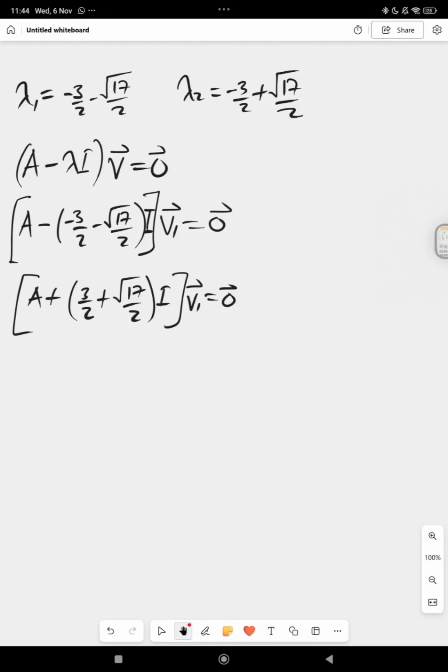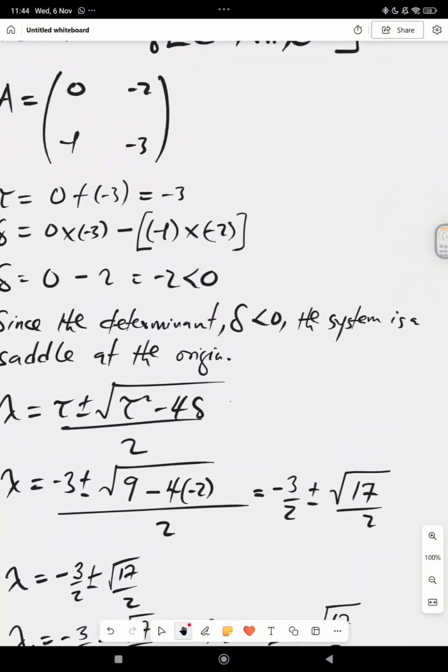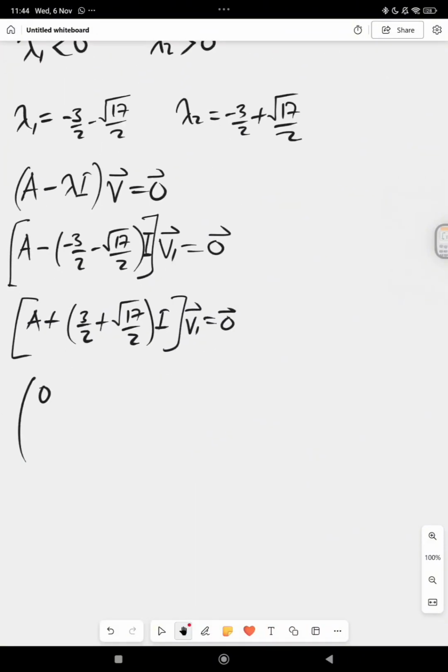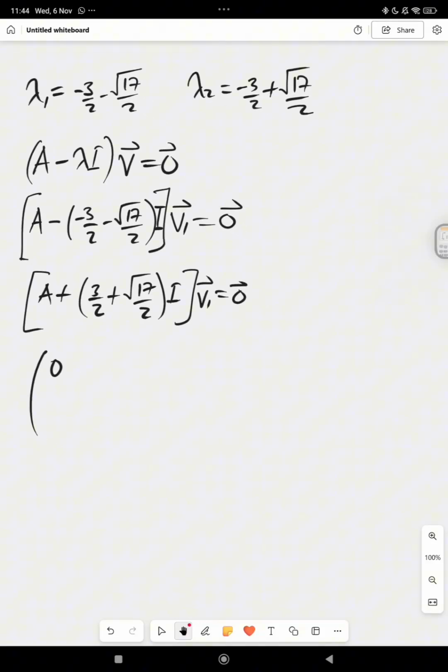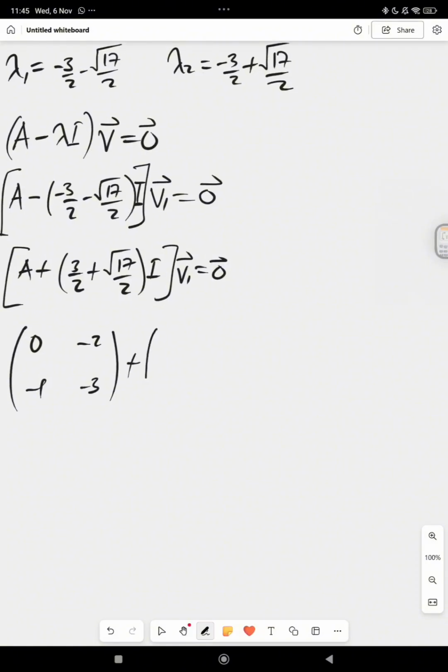So we substitute the value of A. A was given by 0, minus 2, minus 1, and minus 3. So we have this plus 3 over 2 plus the square root of 17 over 2 times the identity, and all this multiplied by V1, which is equal to 0.